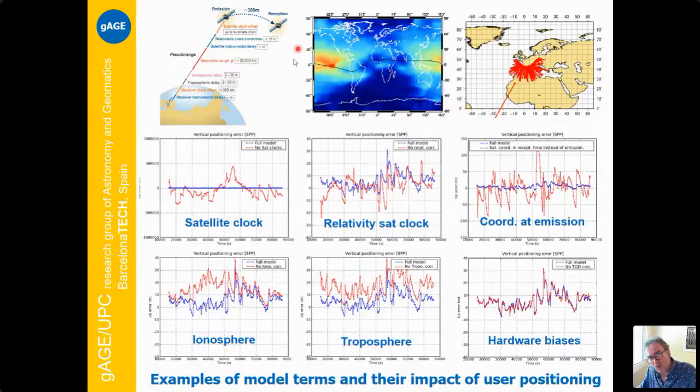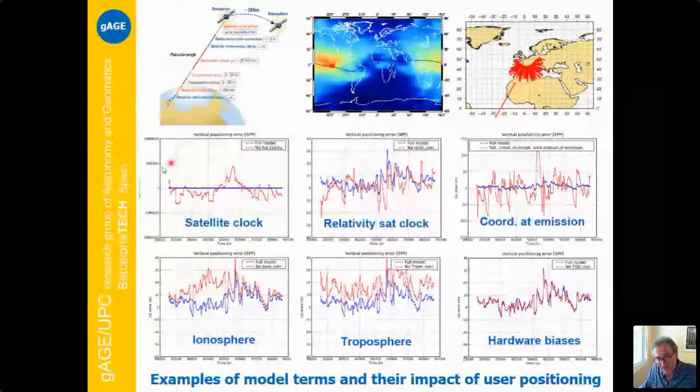Then they accumulate errors, and the ground segment estimates this clock offset together with the satellite coordinates, and this information, as I commented before, is sent to the user in the navigation message to allow the user to calculate the satellite coordinates and also the clock offset.